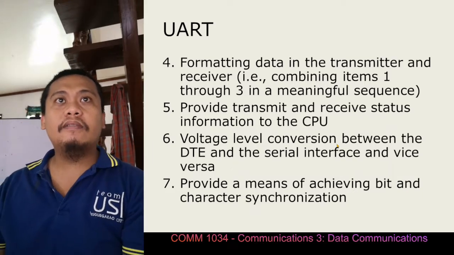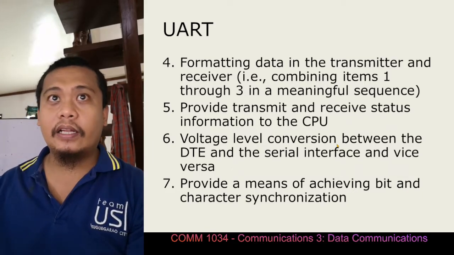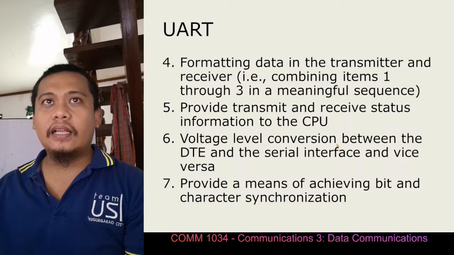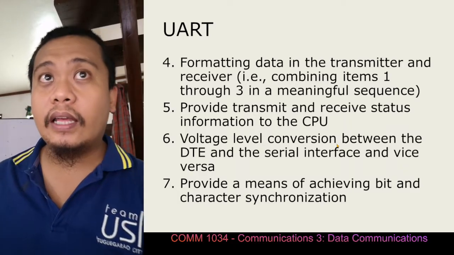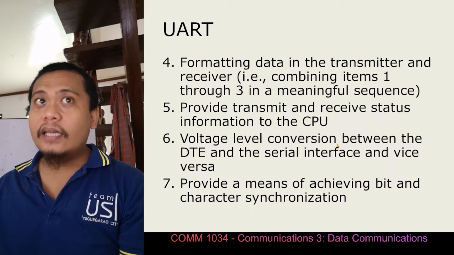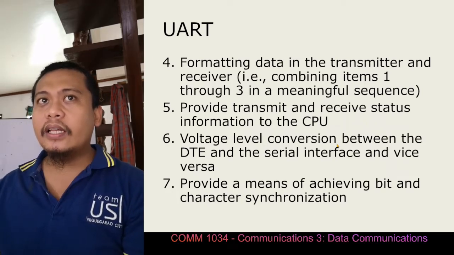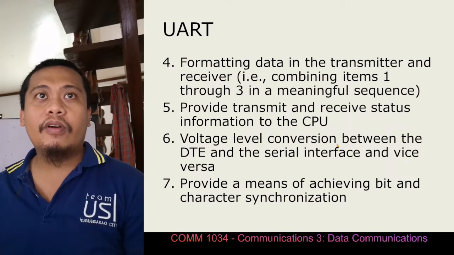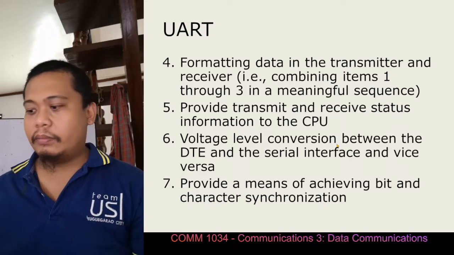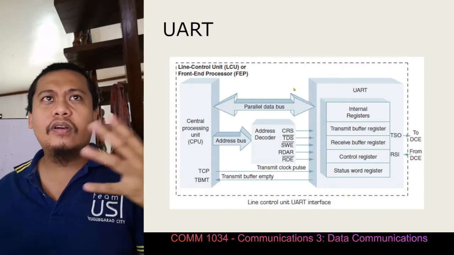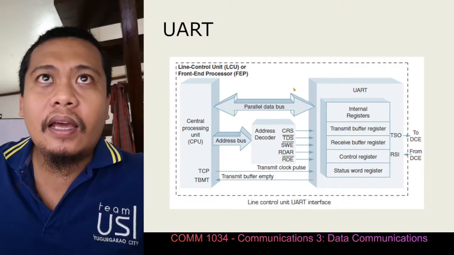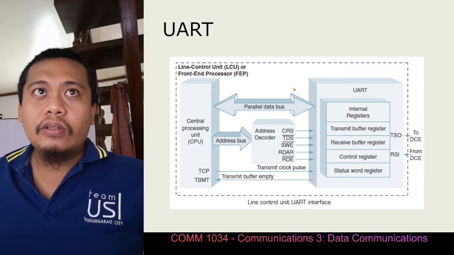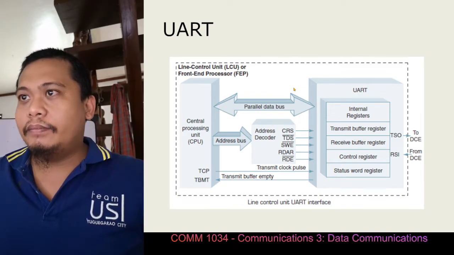Terminal transmit and receive functions can be performed by UART simultaneously because the transmitter and receiver have separate control signals and clock signals and share a bidirectional data bus, which allows them to operate virtually independently of one another. In addition, the input and output data are double buffered, which allows for continuous data transmission and reception. The figure shows a simplified block diagram of a line control unit showing the relationship between UART and the CPU that controls the operation of UART.